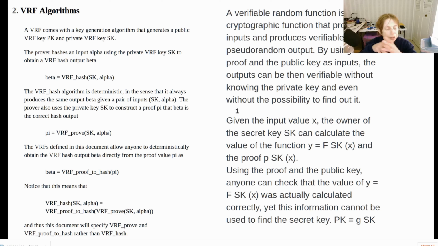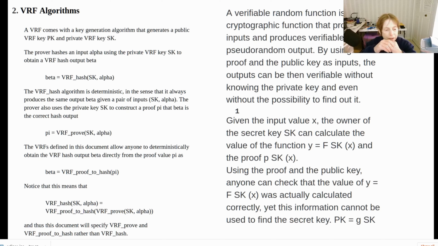So all you need is beta and pi, and if you put pi into the proof algorithm, it should give you your random value. However, you cannot determine the secret key, and that allows for the security, because all they're given, and all they need to be given, is the proof value and the random value.